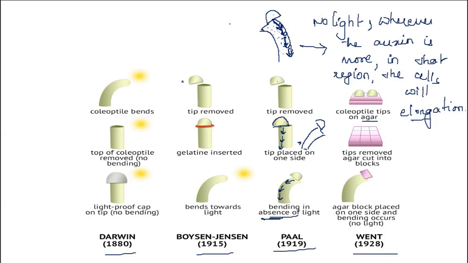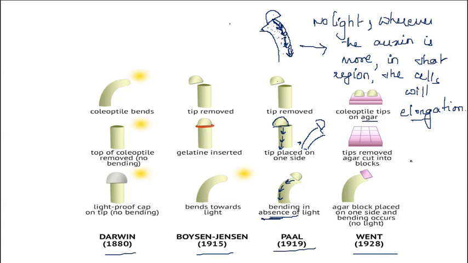So whenever the activated tip is placed on the coleoptile, the auxin will diffuse everywhere in the coleoptile. But wherever the concentration is high, the cells will elongate in that region. So what I would like to stress is that since auxin is diffusible, it can diffuse to the entire region of the coleoptile.